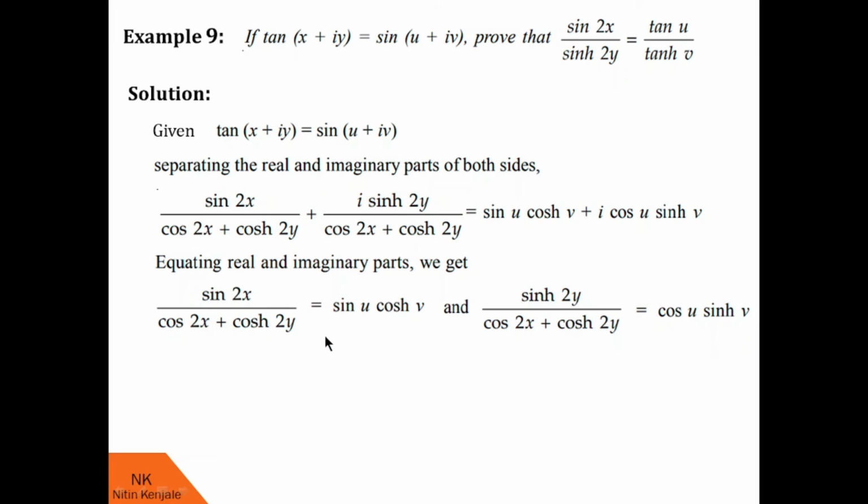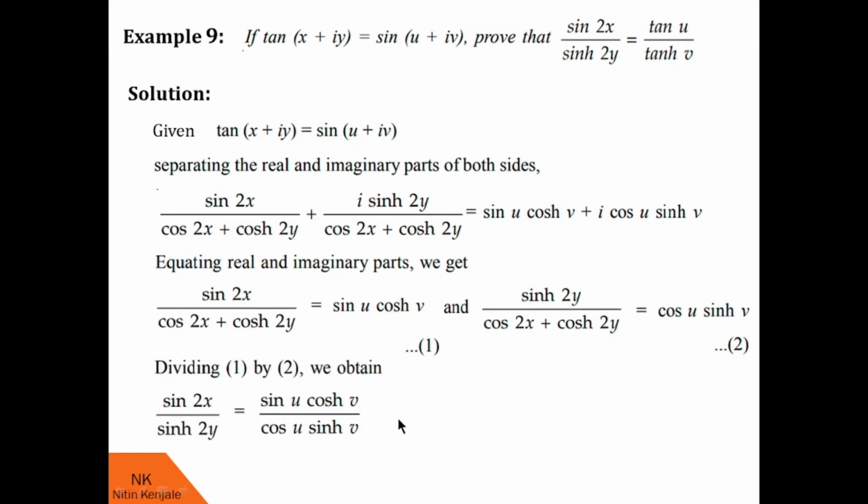Now we will divide this equation with this equation. So we get sin 2x upon cos 2x plus cosh 2y whole divided by sinh 2y upon cos 2x plus cosh 2y. So this denominator and this denominator will get cancelled. We will be left with sin 2x upon sinh 2y.